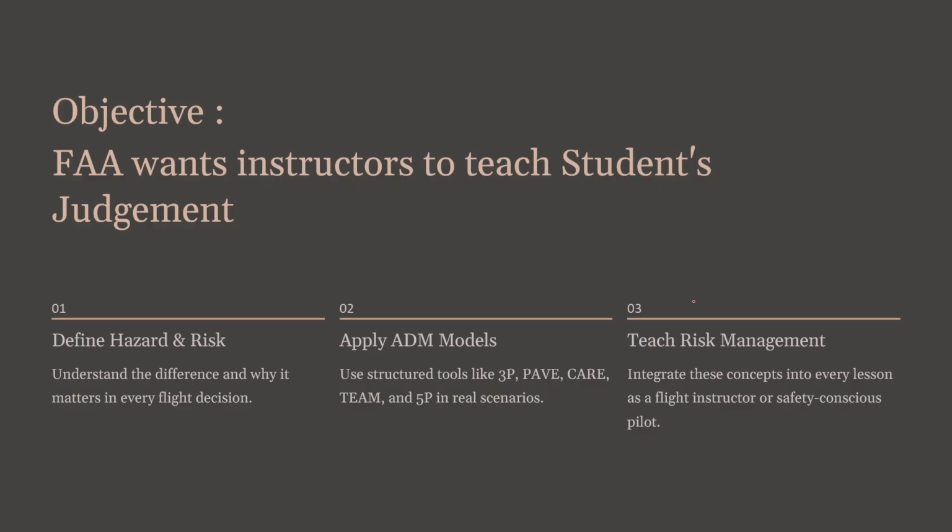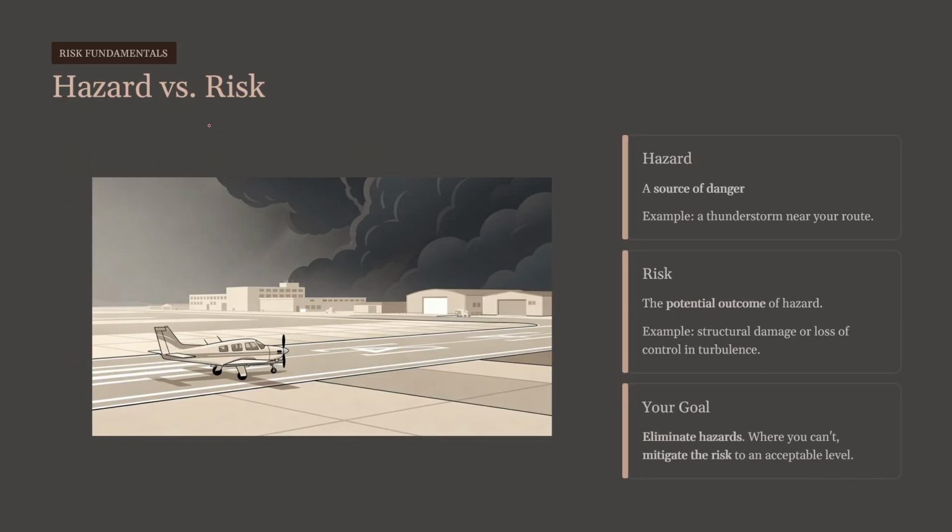Hazard versus risk. This slide introduces the basic idea of hazard and risk. A hazard is simply a source of danger. For example, a thunderstorm near your route is a hazard, or something on the runway is also a hazard. A risk is the possible outcome if that hazard affects the flight, such as structural damage, loss of control, or inability to continue safely.